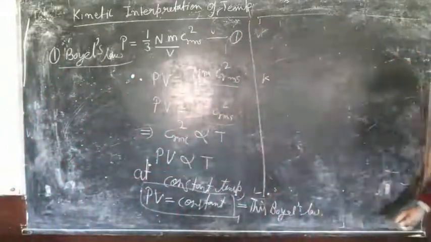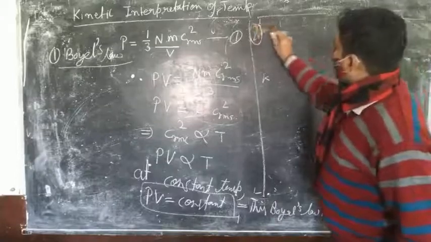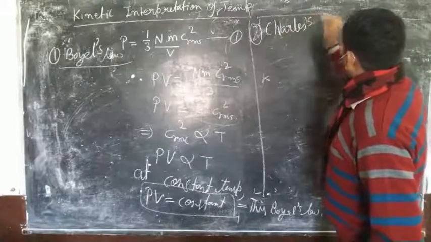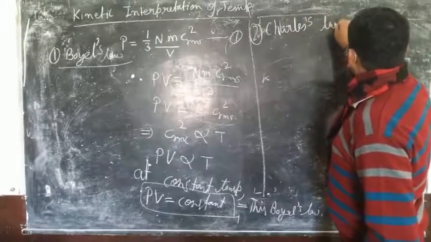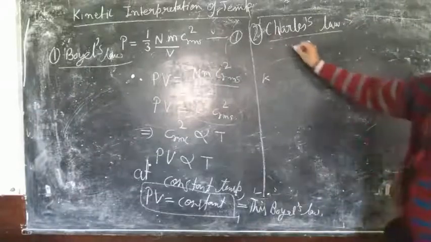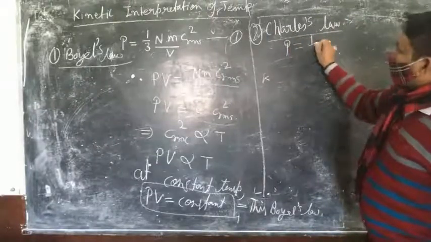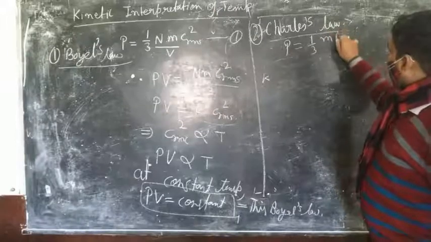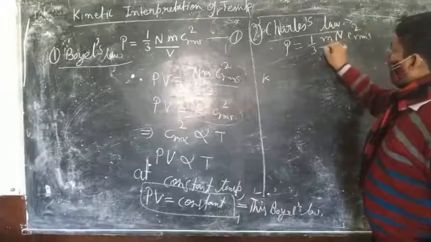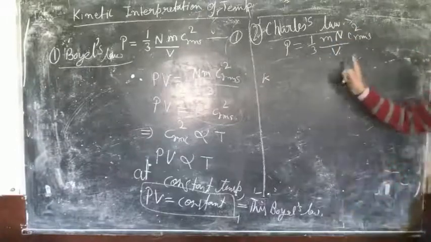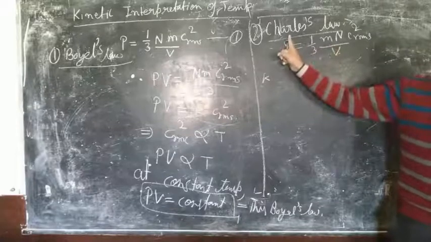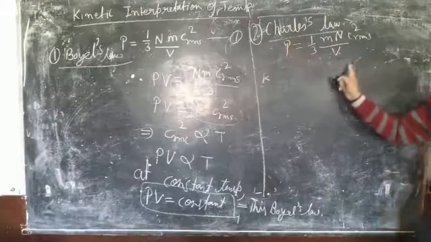Next, Charles' law. Again from the same formula, P is equal to 1 by 3 m N CRMS square upon V. Now V is sent to the right side and P in the denominator.